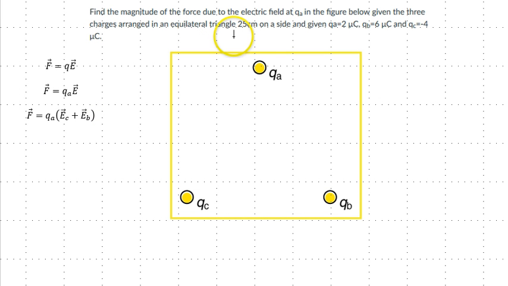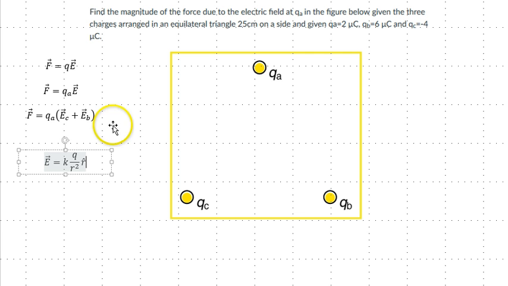Okay, so let's take a look. What's the formula we start with? The electric field vector is K times Q over R squared, in the R hat direction. What is the R hat direction?